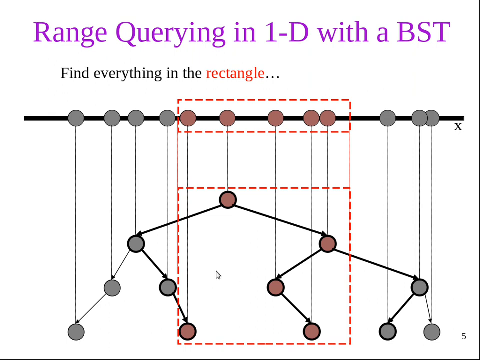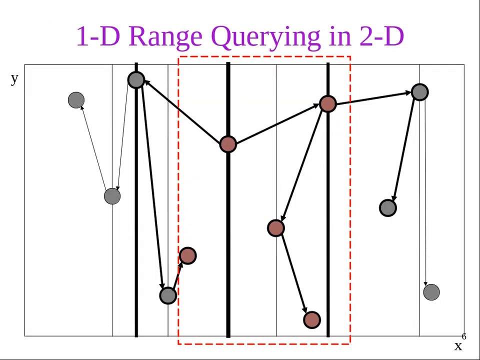Right, well it is sorted because it's a binary search tree, right? To find this one is O of log n because it's a binary search tree. And to find this one, binary search tree is O of log n. So to find the two endpoints is log of n. But if you're keeping it as an array, unsorted, then it would take O of n. All right, this isn't too impressive.